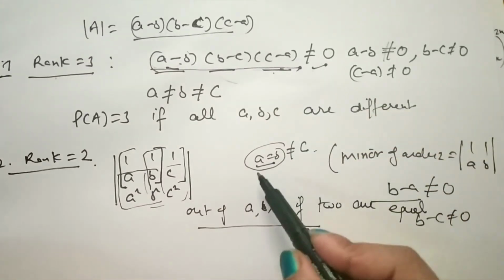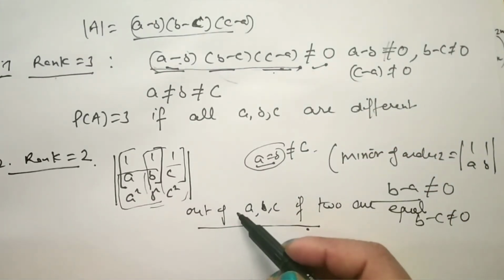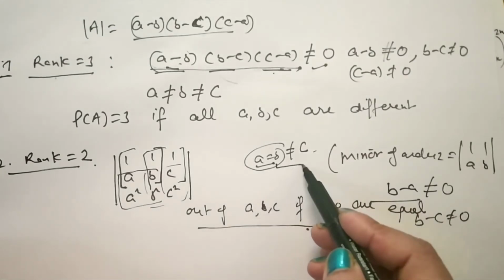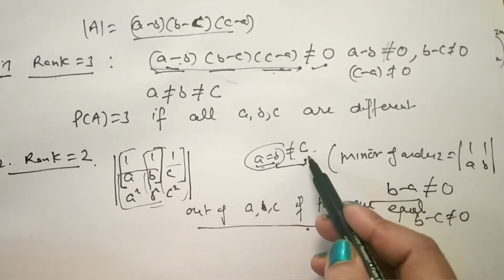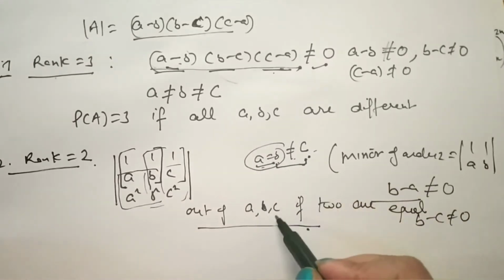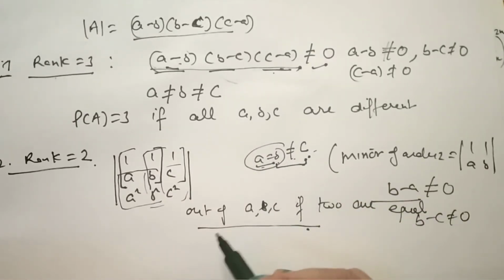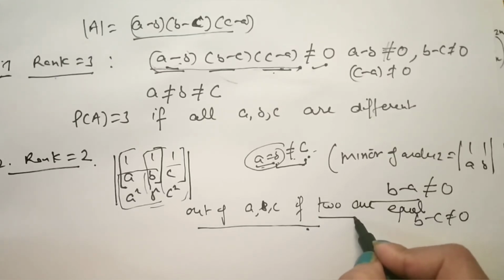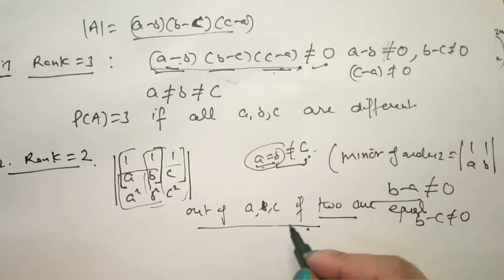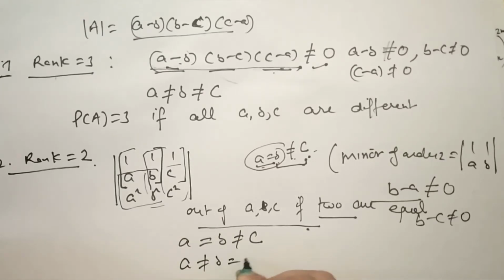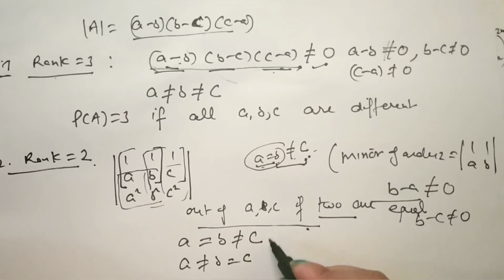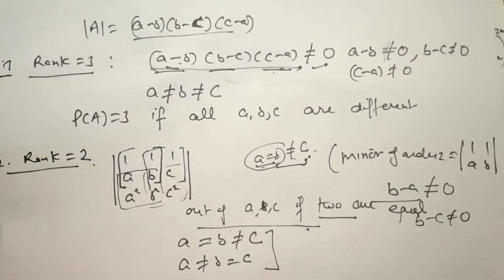That means we have to check for the minor of order 2, and the minor of order 2 will be non-zero if at least 2 out of these 3 are unequal. Means 2 should be equal and 1 should be different, right? Like this, A is equal to B, then not equal to C, and A is not equal to B, then B is equal to C. This will be the case when the rank is 2.